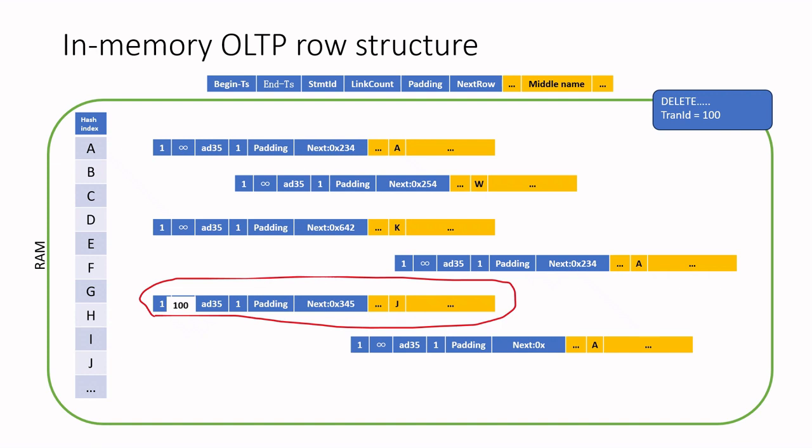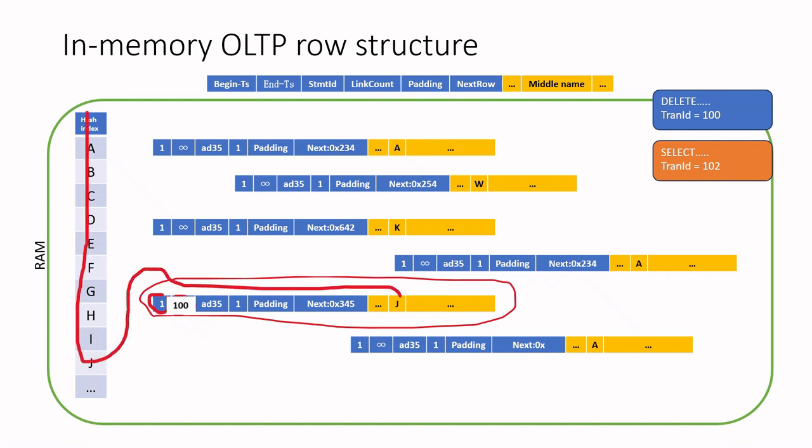While this delete statement is in progress in validation phase, another select transaction with transaction ID 102 starts, and this transaction is trying to read the same row. It scans the index and locates the corresponding row. As discussed before, it then checks begin TS and NTS. It finds that there is an NTS value and it is lower than 102.